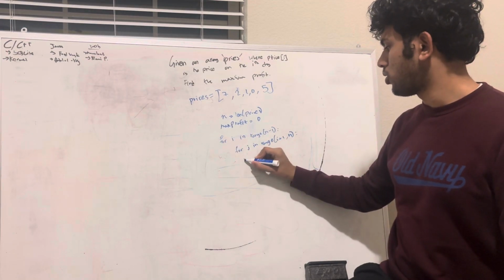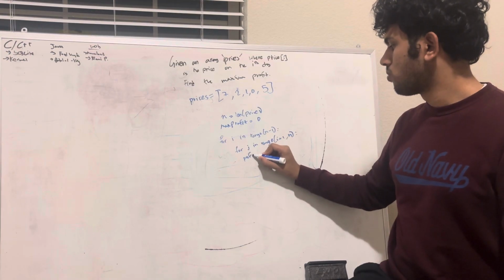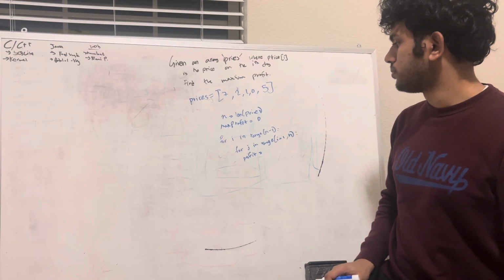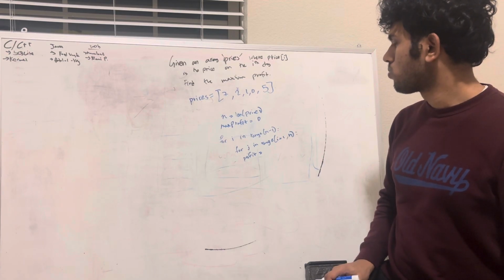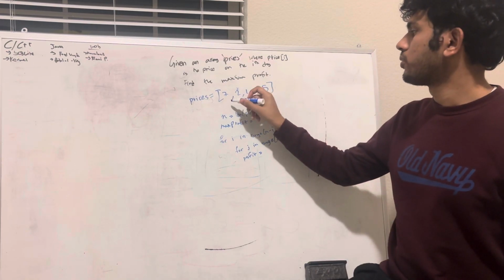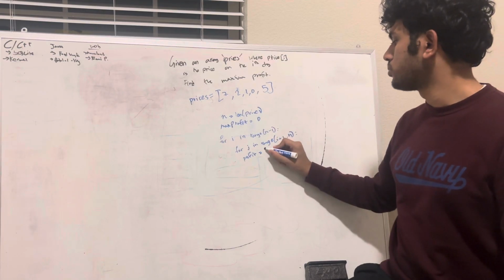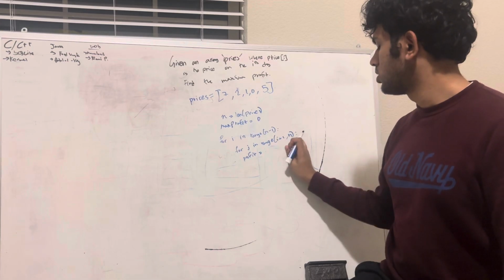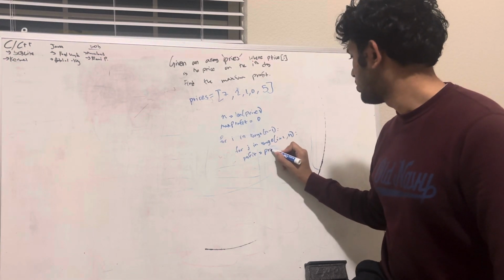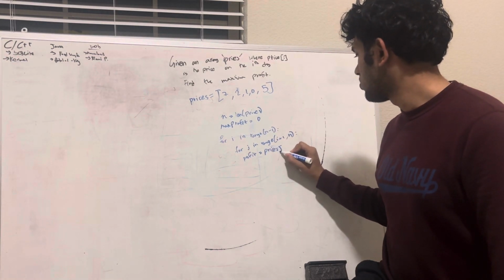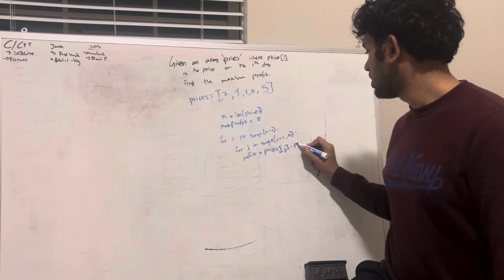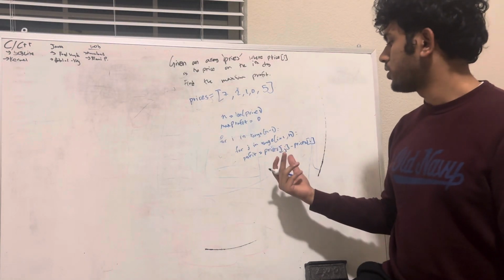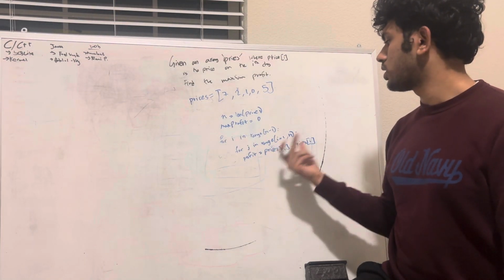Let's write profit, which is nothing but the difference between both of these days, so it's prices[j] minus prices[i].